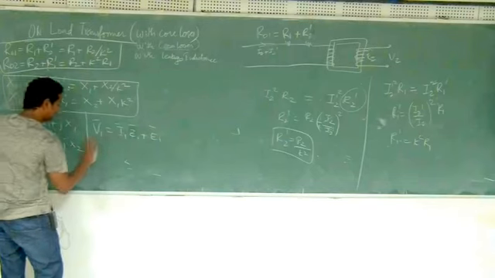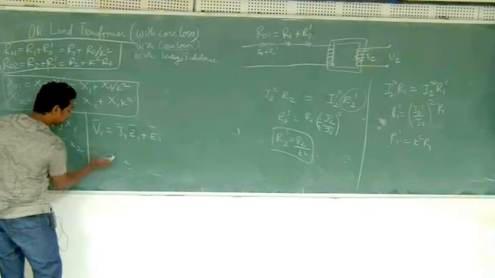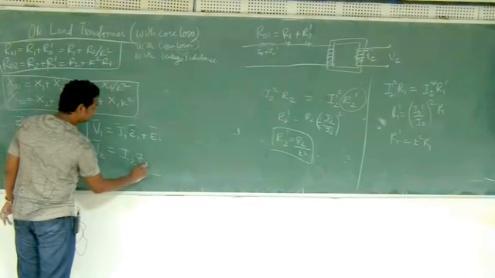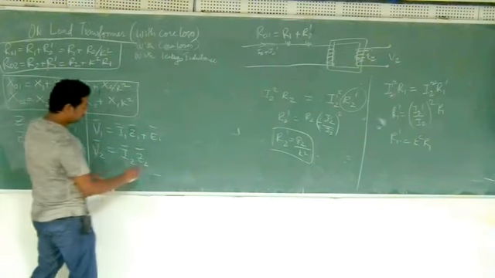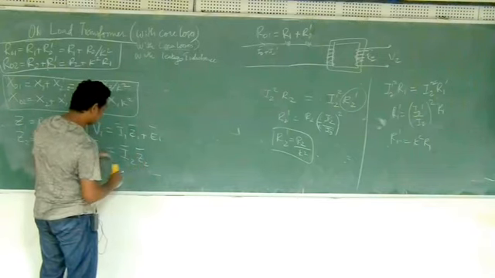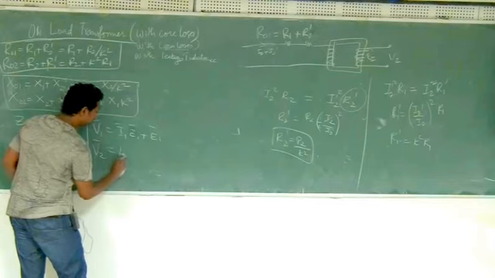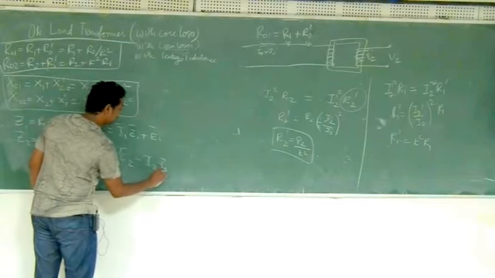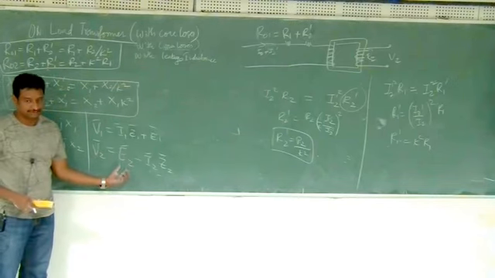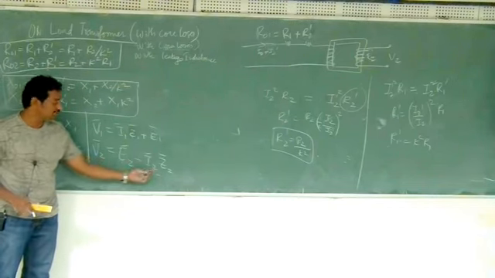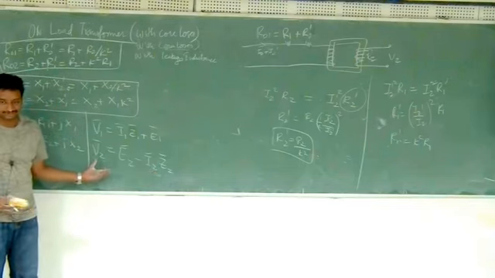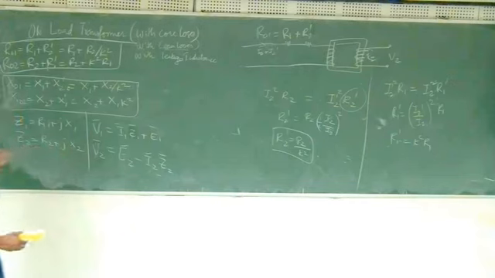On the other hand, if I want to write V2, it will have a minus sign: E2 minus I2 Z2. So some EMF is induced, but out of that induced EMF, some voltage is dropped, and the remaining voltage comes out at the terminals. These are all Ohm's law.